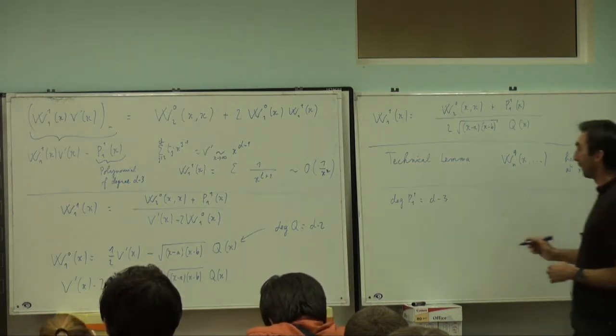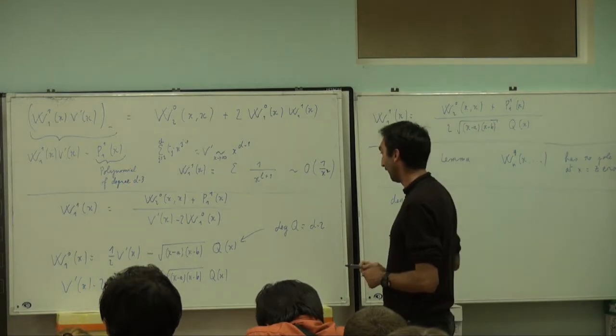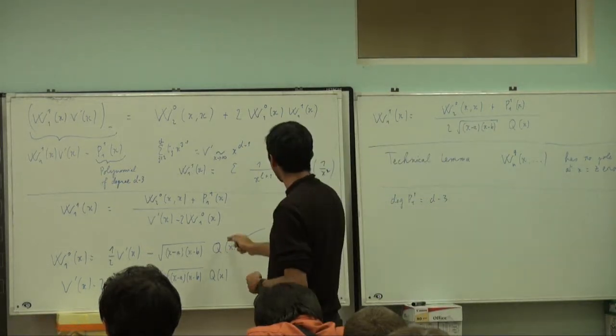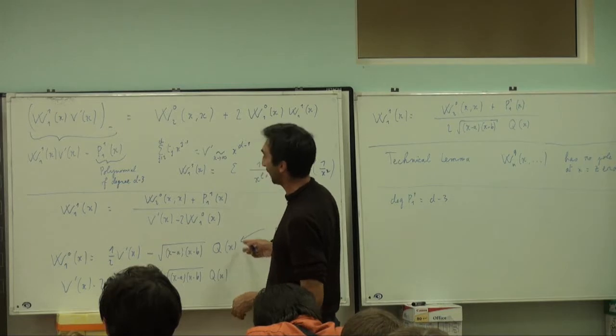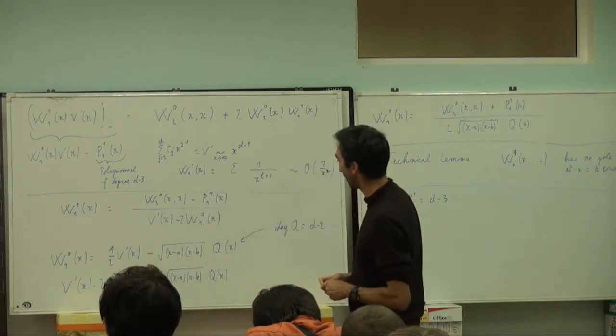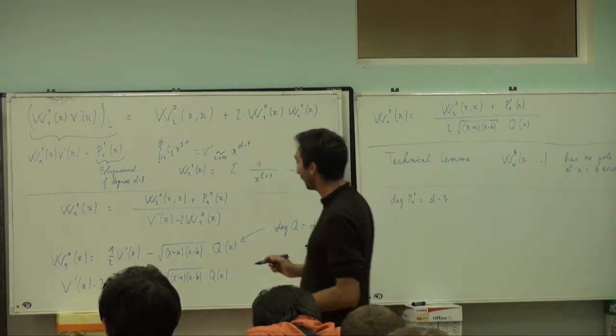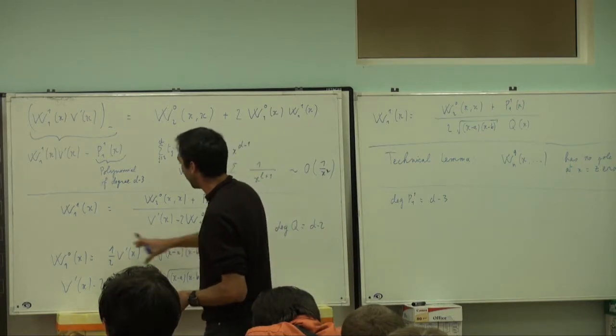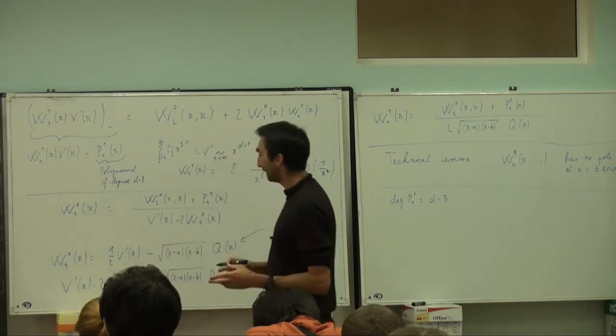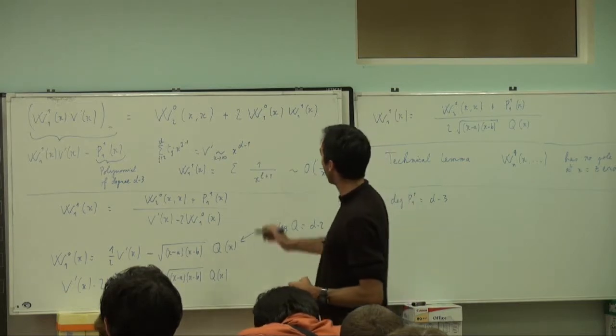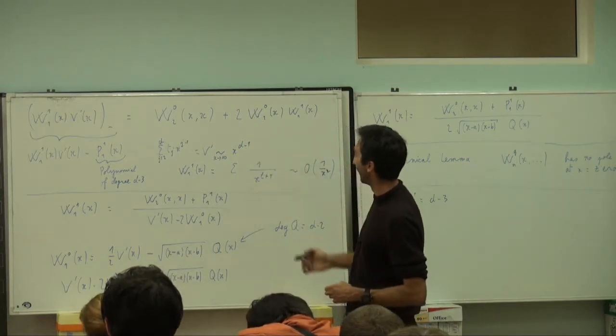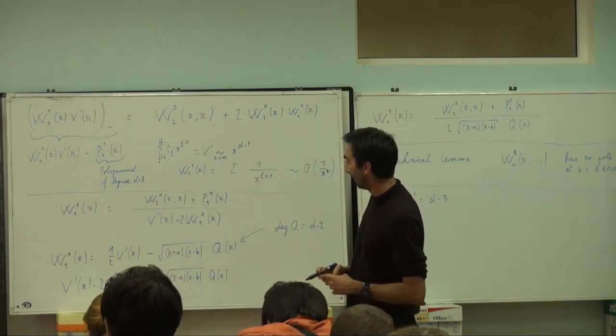Okay? Now, the fact that Q has degree d minus 2, well, you can take the definition which I computed the other day, but an easy way to see it is that W10 should vanish at infinity. Again, for the same reason, because it starts with 1 over x to the L plus 1.